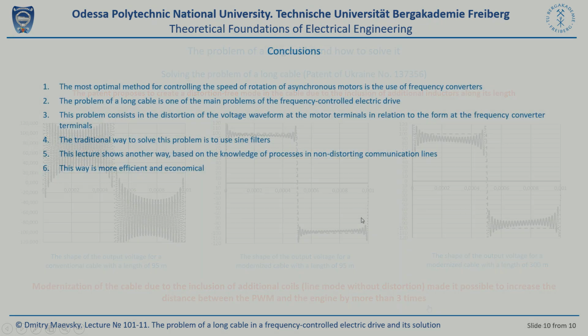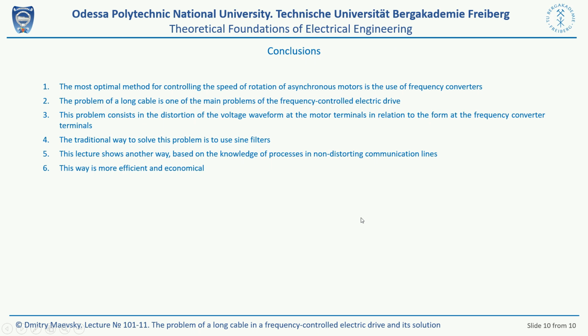Our lecture has come to an end. Today we learned that the most optimal way to control the speed of rotation of an asynchronous motor is to use frequency converters.